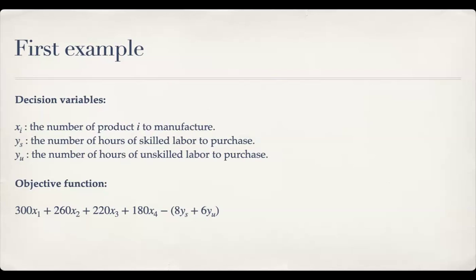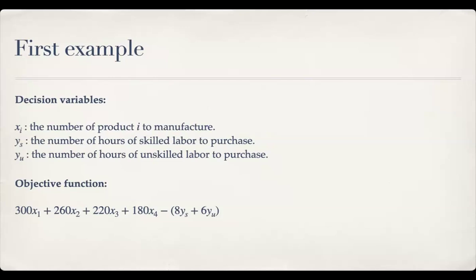For example, x1 is the number of product 1 to manufacture. The next decision variable is YS, the number of hours of skilled labor to purchase in each month. And the next one is YU, the number of hours of unskilled labor to purchase. So in total we have 6 decision variables: x1, x2, x3, x4, YS, and YU.